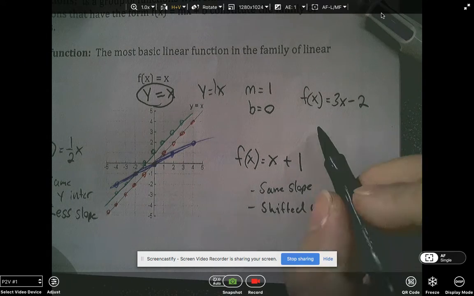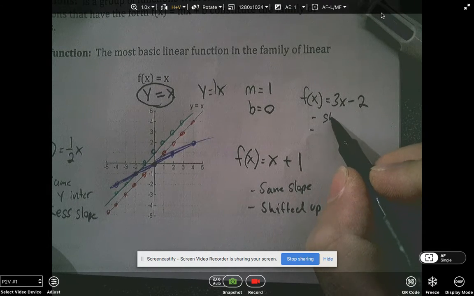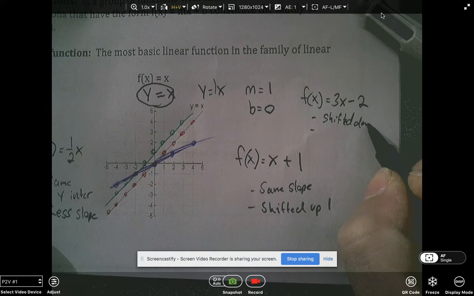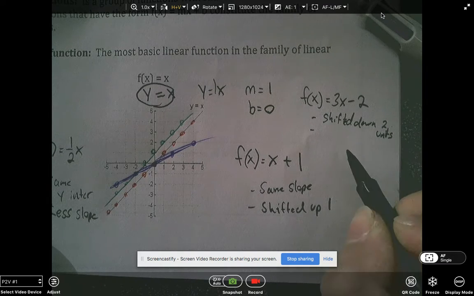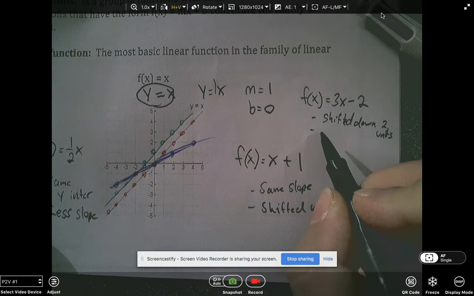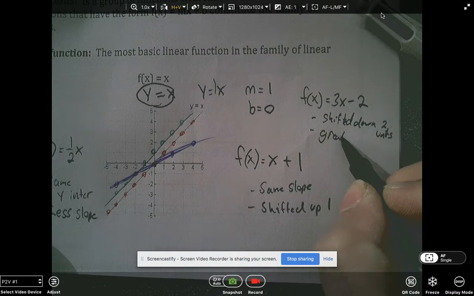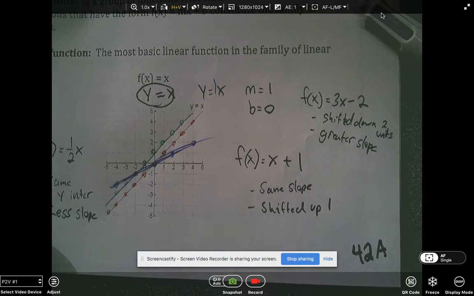Maybe you said shifted down 2 units. And then maybe you also said steeper, or greater slope.